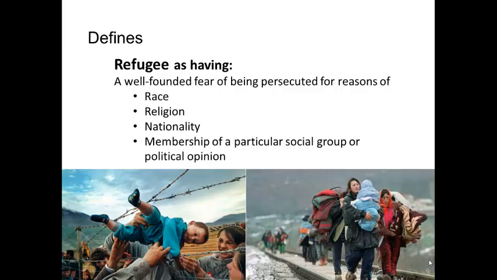So the treaty defines who a refugee can be, and the detailed definition reads like this, as seen in Article 1 of the Convention. Quote, a person who, owing to a well-founded fear of being persecuted for reasons of race, religion, nationality, membership of a particular social group or political opinion, is outside the country of his nationality and is unable, or owing to such fear, unwilling to avail himself of the protection of that country.